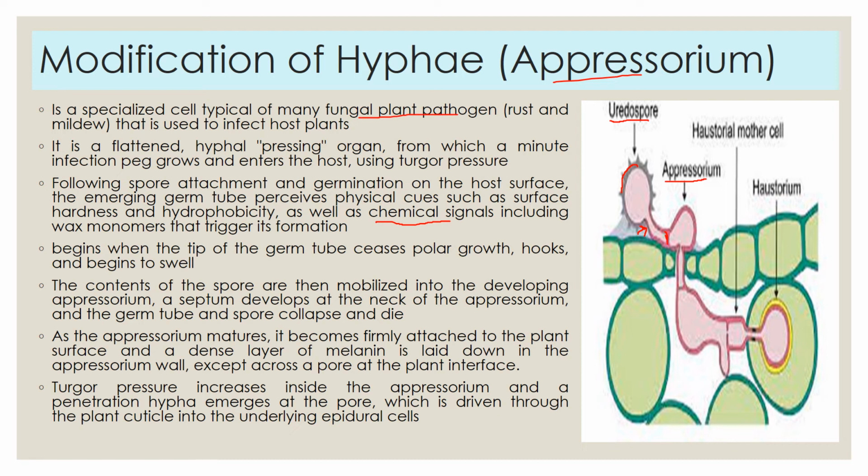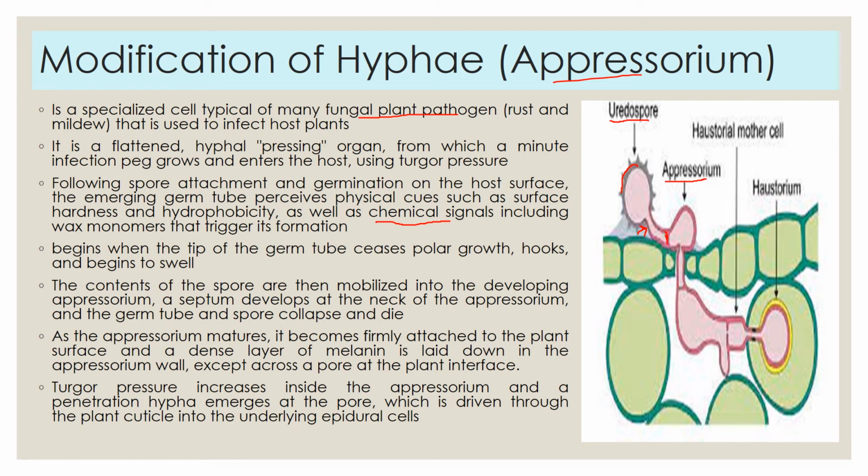This appressorium is a bulbous structure, and it helps in attachment of the developing germ tube to the surface of the host plant, and once attachment is made, the germ tube further grows inside the tissue of the host plant.